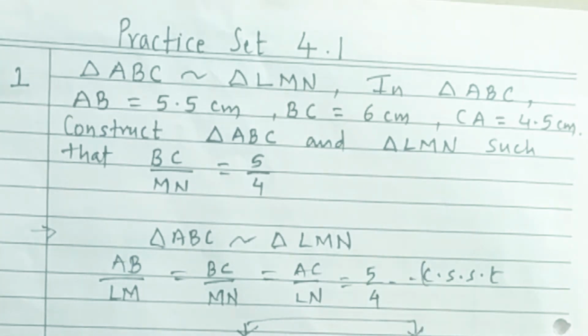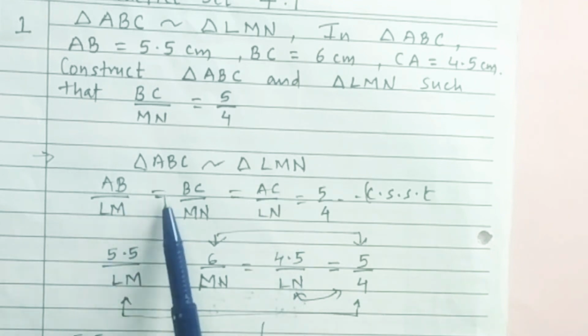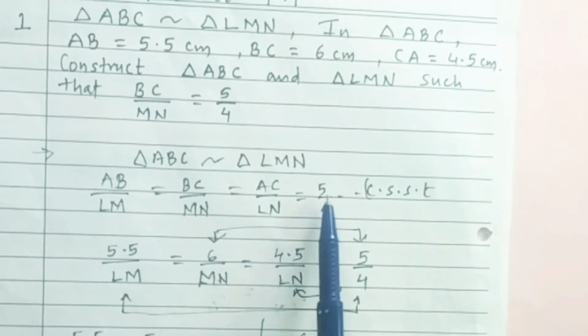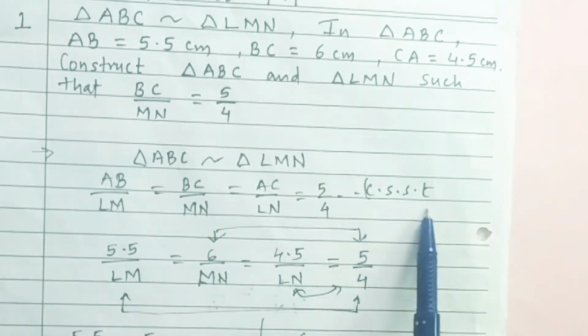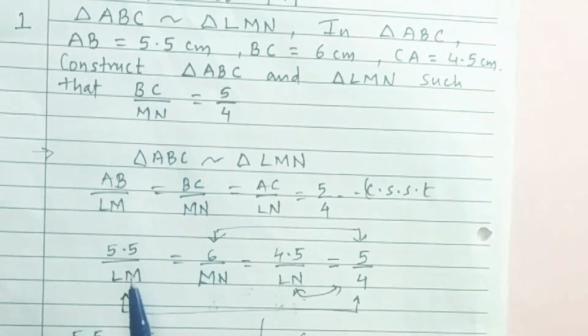So here what is given? Triangle ABC is similar to triangle LMN. Therefore AB upon LM is equal to BC upon MN is equal to AC upon LN, which is equal to 5 upon 4. That is, corresponding sides of similar triangles are in proportion. The sides of triangle ABC are given, so we'll put in the values.